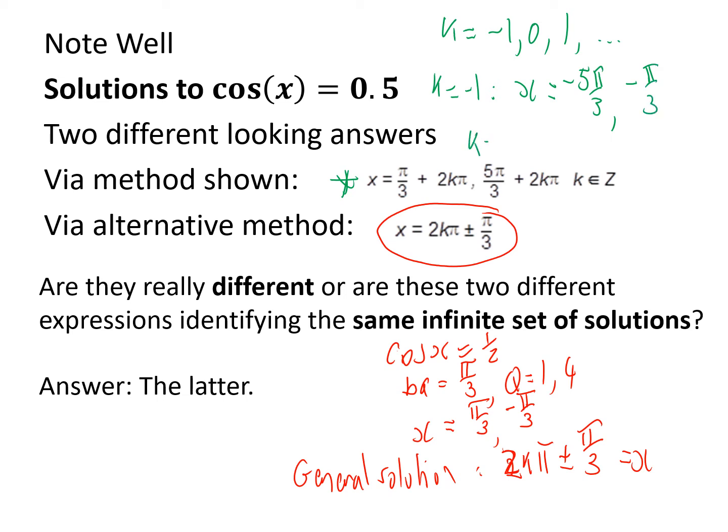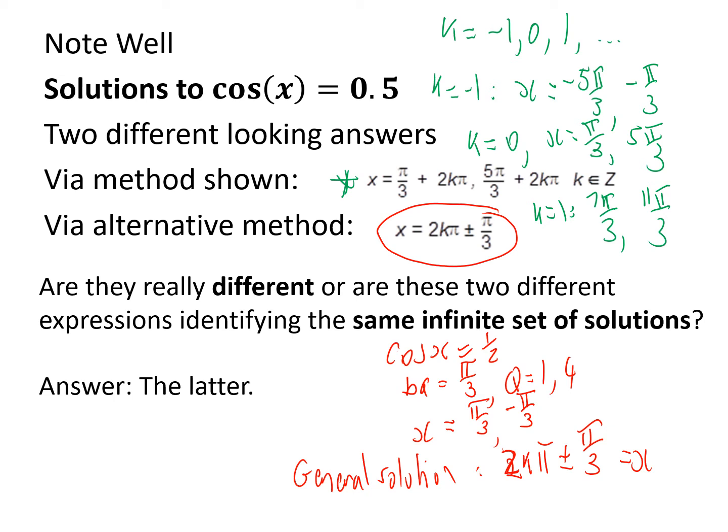When k is equal to 0, we've got x is equal to, obviously, pi on 3, 5 pi on 3. When k is equal to 1, we've got 7 pi on 3. So pi on 3 plus 2 pi is 7 pi on 3. 5 pi on 3 plus 2 pi is 11 pi on 3, and so on.